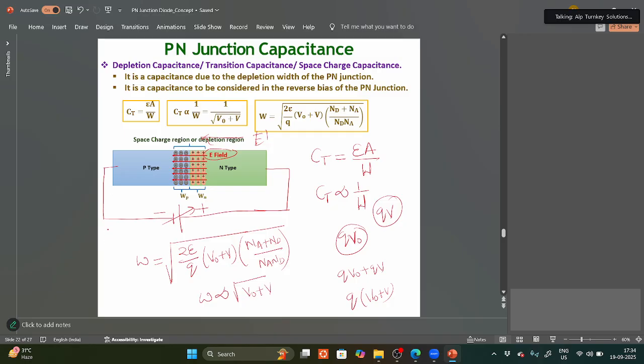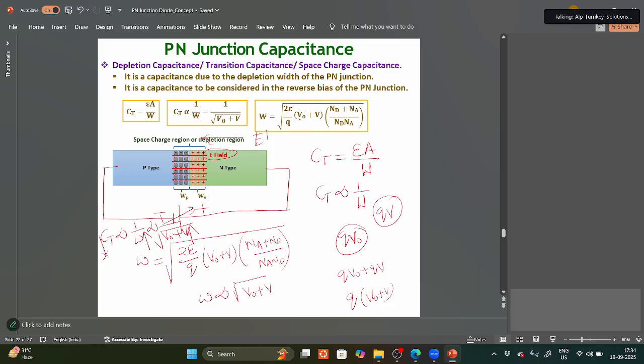So Ct is inversely proportional to W, which means it is inversely proportional to the square root of V0 plus V. That means as V increases, W increases, and as W increases, transition capacitance decreases. Understood?